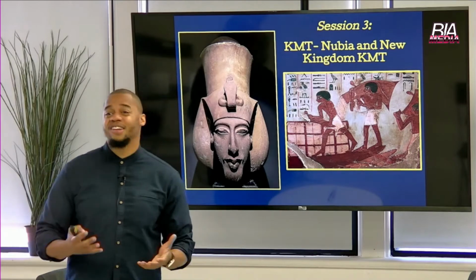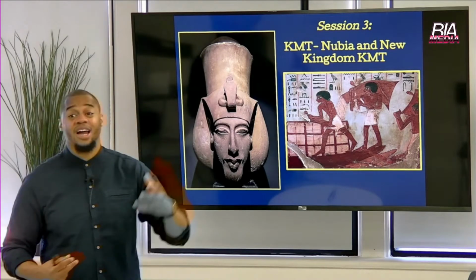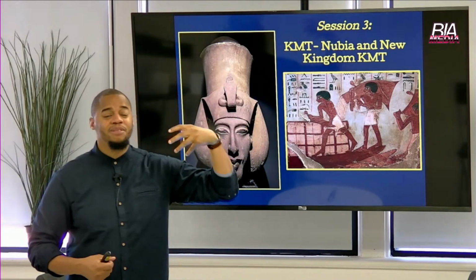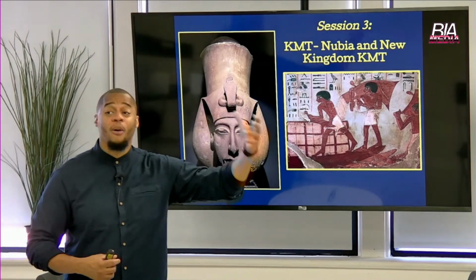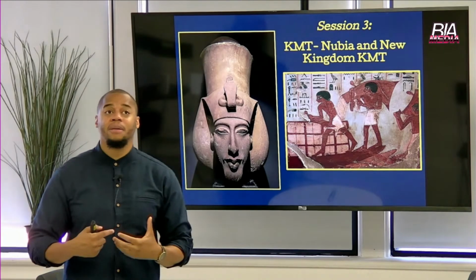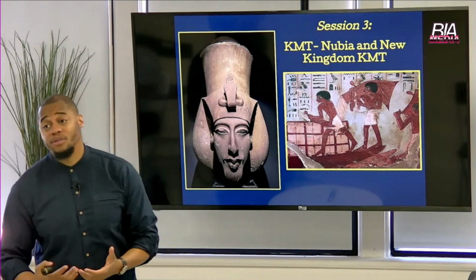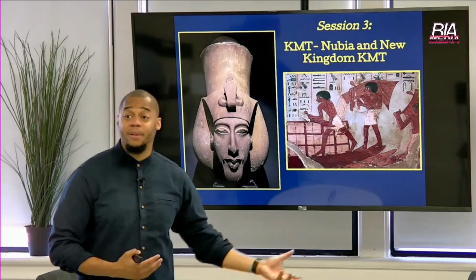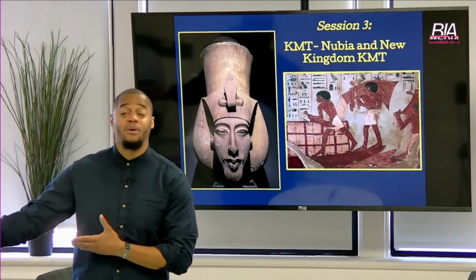Not a lot is discussed about the Middle Kingdom because there's not a lot of big buildings. A lot of the large building projects are either in the Old Kingdom or the New Kingdom, and there's not a lot of major personalities in terms of the pharaohs and other figures the way we had in the Old Kingdom and what we will see later on in the New Kingdom.